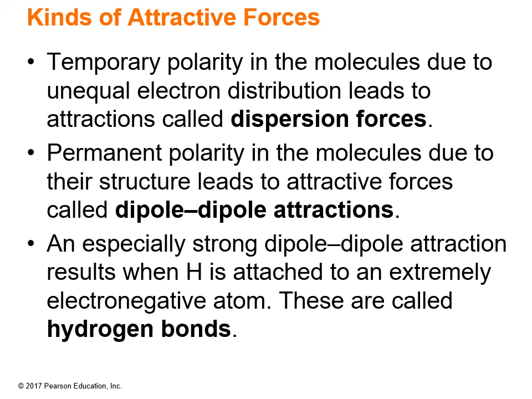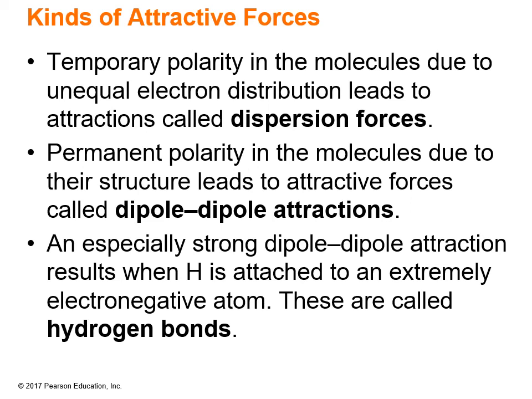So the kinds of attractive forces we're going to talk about are dispersion forces, which happen from a temporary polarity in a molecule, and that happens when there's an unequal distribution of the electrons inside the molecule. There's also dipole-dipole interactions, which happens in a polar molecule. So it has to be a polar molecule in order to have dipole-dipole interactions.